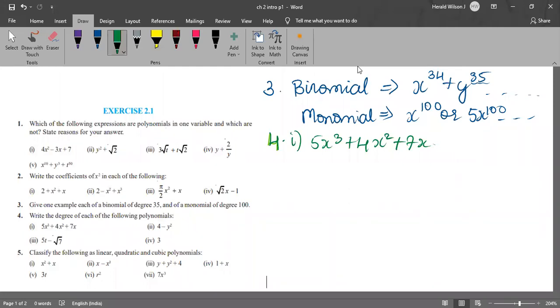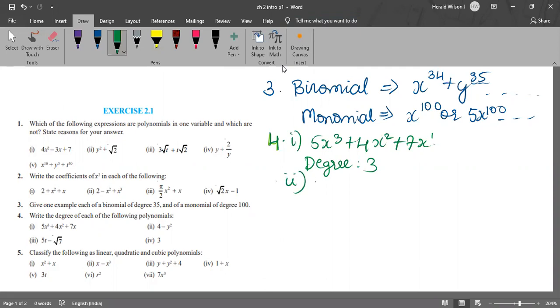So the degree is 3, because look here, in this x we have 1, in this x we have 2, in this we have 3. So the highest power is what? 3. Therefore, degree is 3.